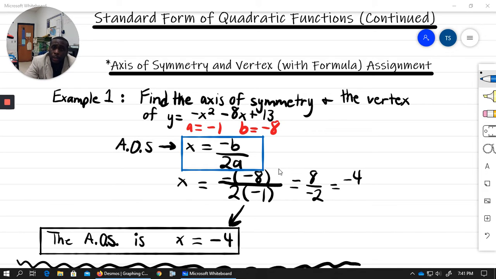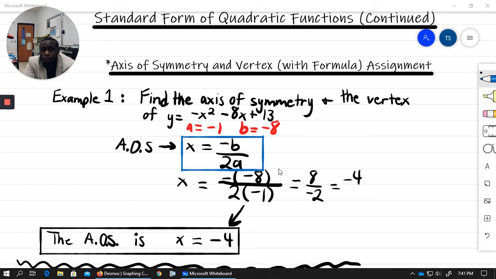This particular example is not the same as any of the problems that you will probably have, because I made this up. It may say something like find the axis of symmetry, and it probably won't also ask you to find the vertex too, but this is my example. So find the axis of symmetry and the vertex of y equals negative x squared minus 8x plus 13.